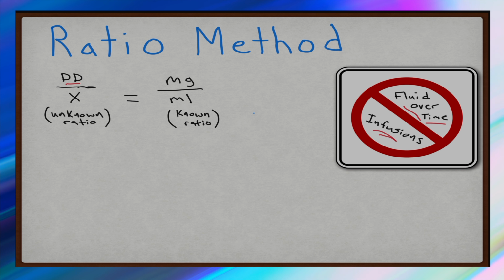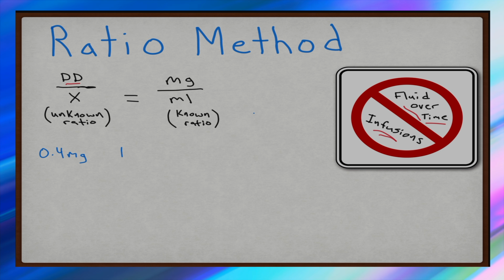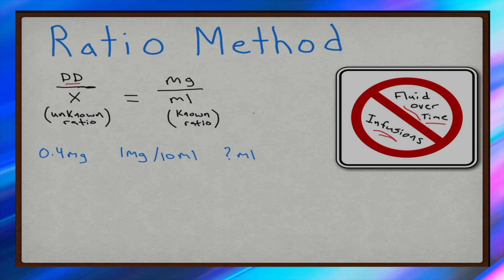Say I needed to give a patient epinephrine 1 to 10, and I need to give them 0.4 milligrams, and I have the vial of epinephrine that's 1 milligram in 10 milliliters. And I need to know how many mLs to give my patient. So I can use the ratio method to solve this problem.